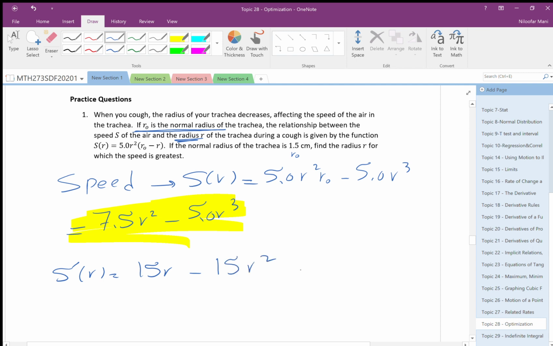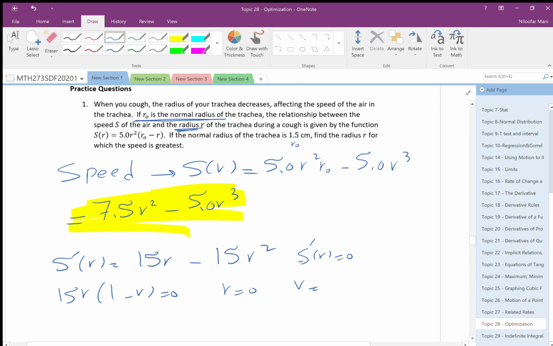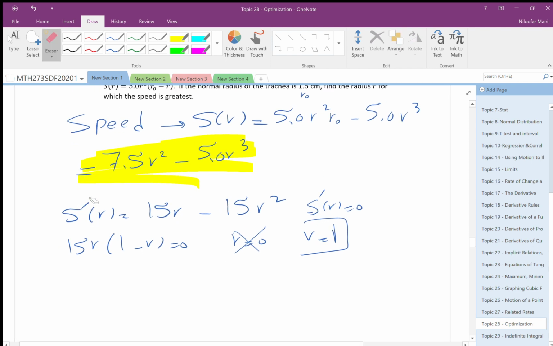Then I put S prime equals 0. It is 15r times (1 minus r) equals 0. r is 0 or r is 1, so that one is not possible, so r is 1. Then I find the second derivative.